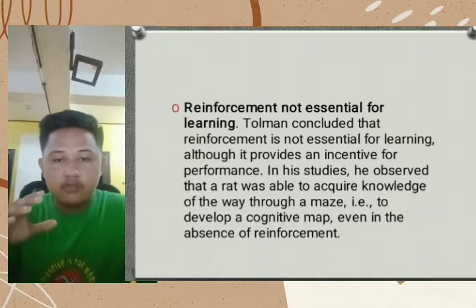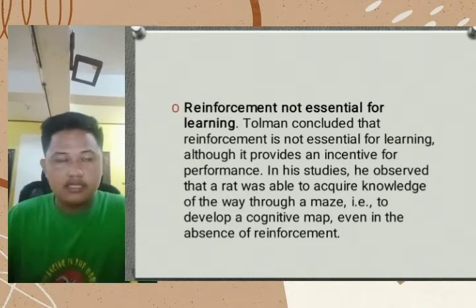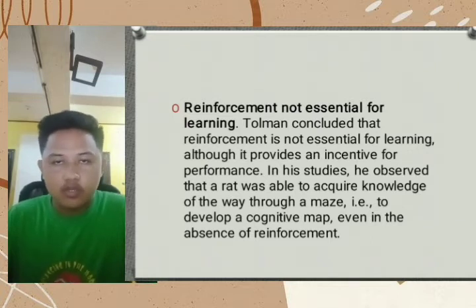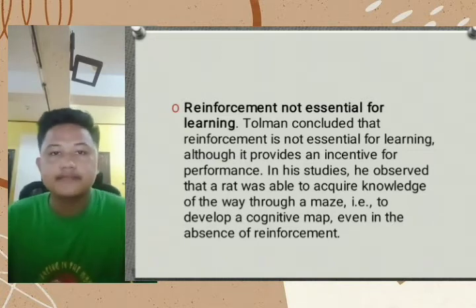Reinforcement is just a strategy, but it is not really important to learning. It is just a strategy for good performance. In his studies, he observed that a rat was able to acquire knowledge of the way through a maze, for example, to develop a cognitive map even in the absence of reinforcement.